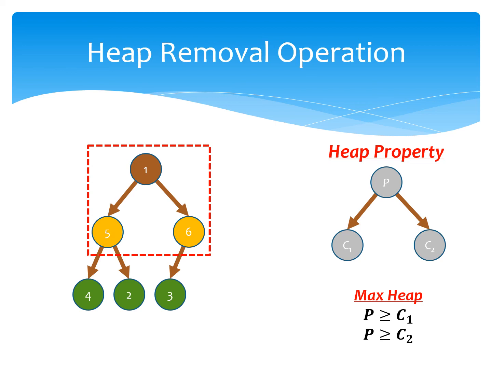In this case, the right child node is 6 and the left child node is 5. Thus, we promote the node 6 to the root node by swapping the root node with the right child node.